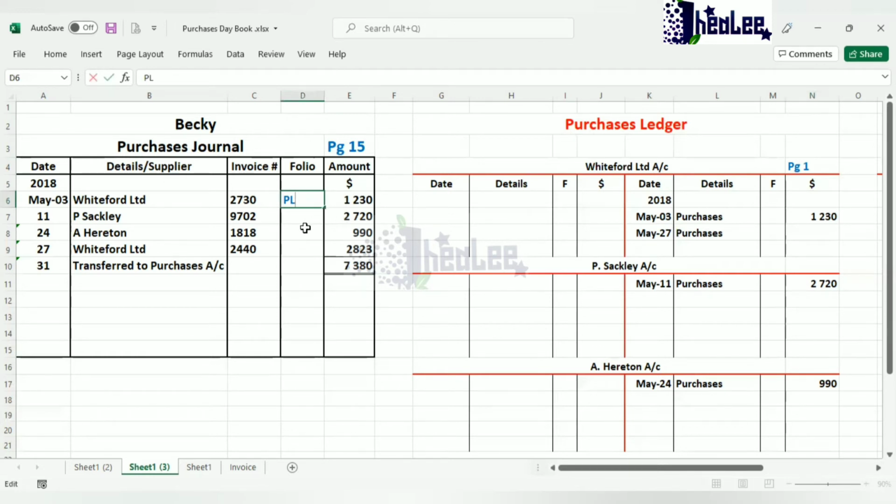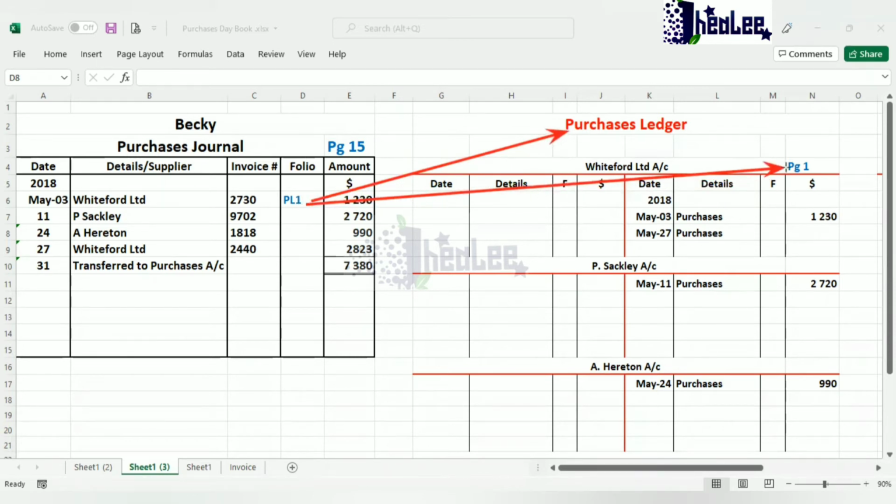We have PL, but I'm going to put 1 there to represent that Whiteford Limited's account is located in the purchases ledger, on page 1. That is what folio references do; it gives you direction.